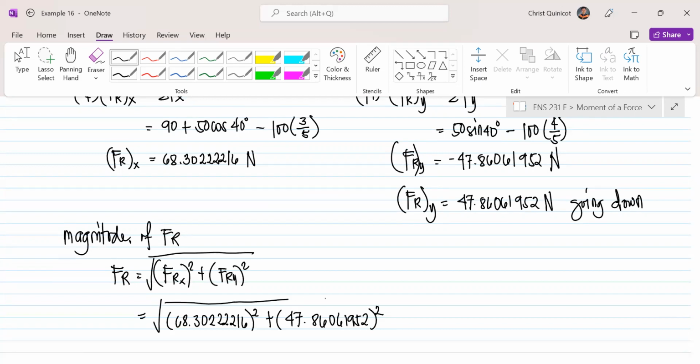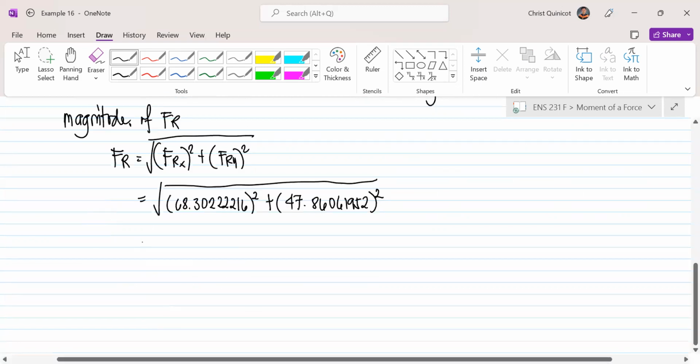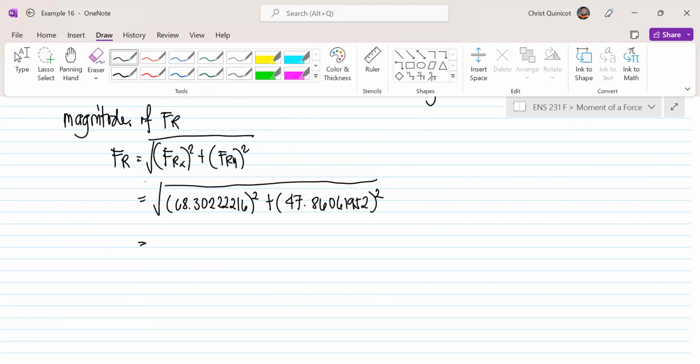Again, I am using the positive because we already know that F sub Ry is going down.